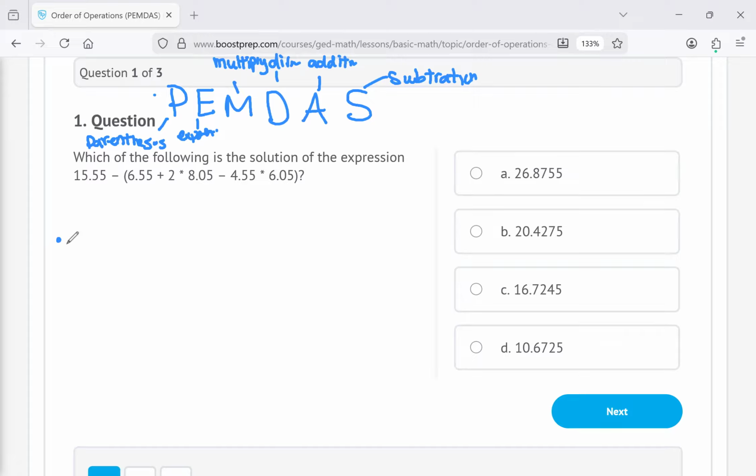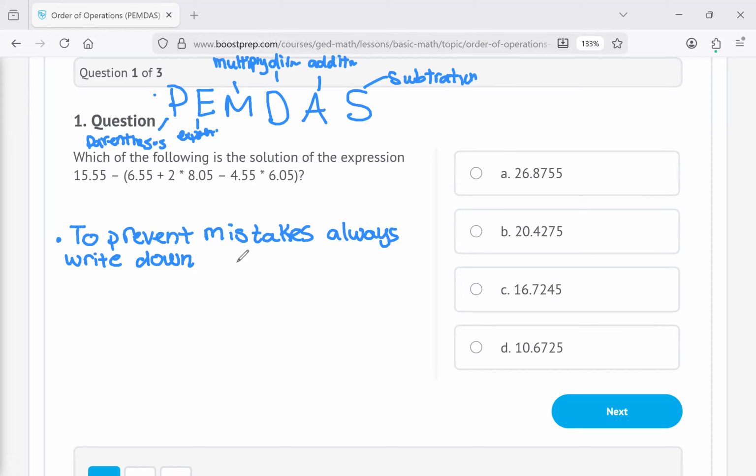Then bring down what you haven't done. So let me write that down.